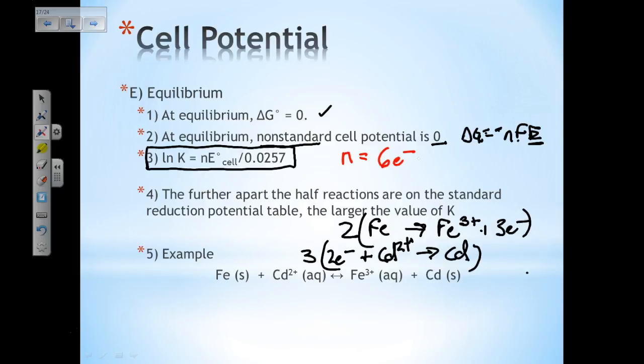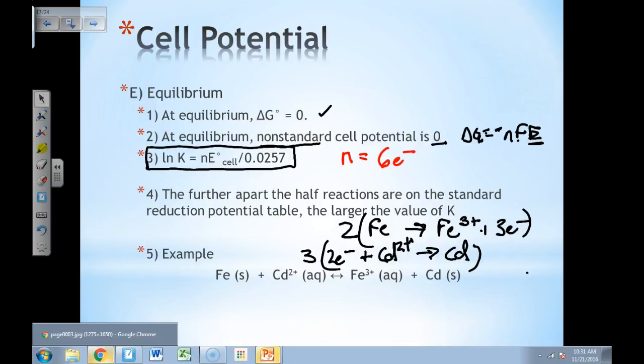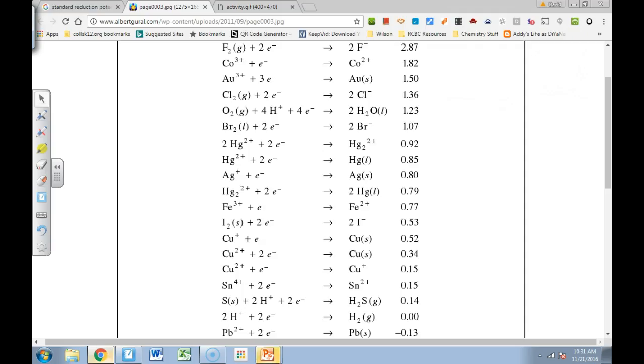Now the other thing we need is the cell potential. The cell potential, remember, is the cathode minus the anode, and it's the standard cell potential, the E0. So I'm going to go to my list of cell potentials and look for iron going to 3 plus. Oh, that's only 1 electron, that doesn't get us anywhere.